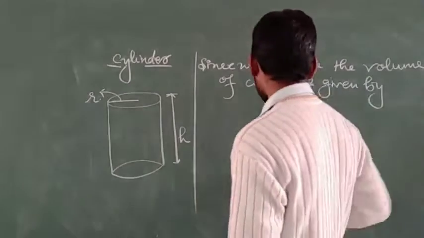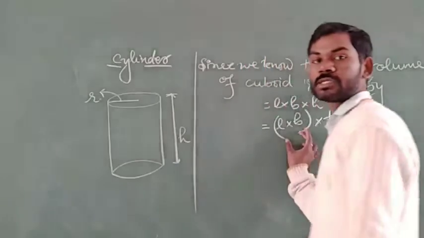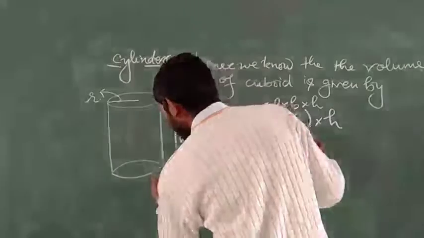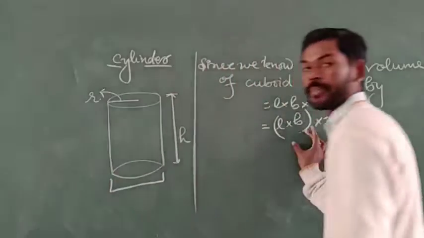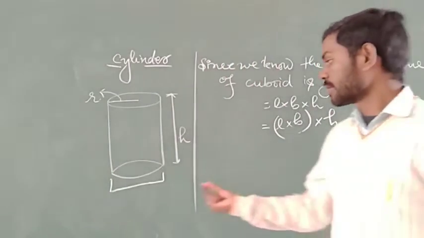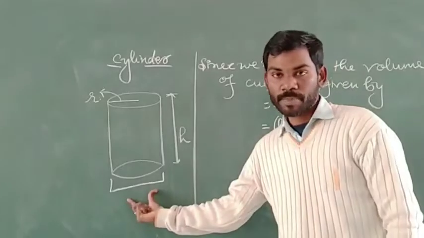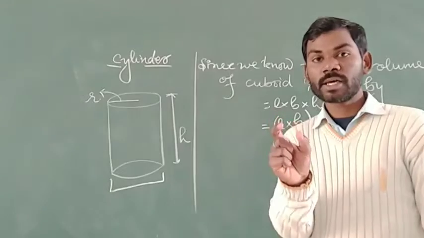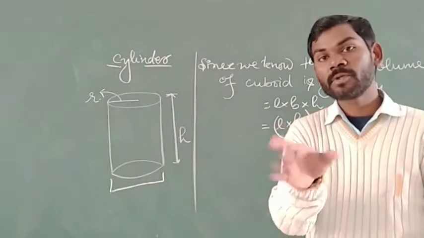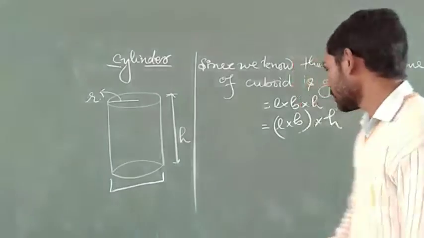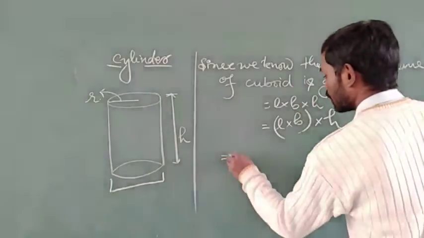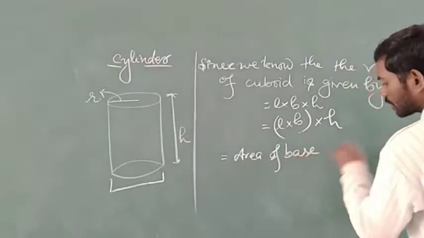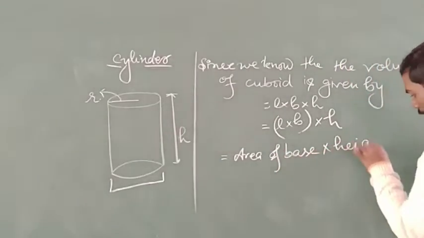Now let us see what is L into B. L into B is the area of the base, and whenever we multiply the area by its height or depth, we get its volume. So this can be written as area of base multiplied by height.